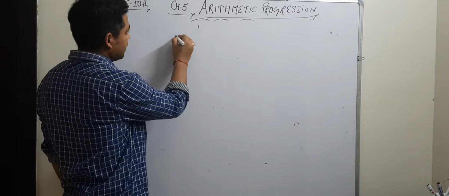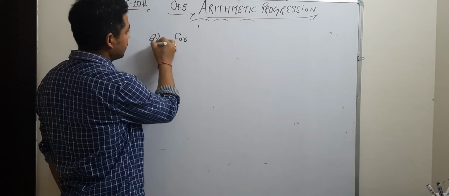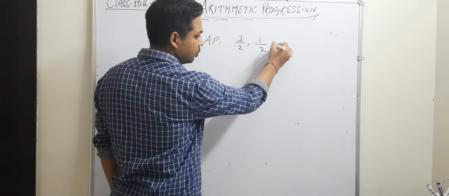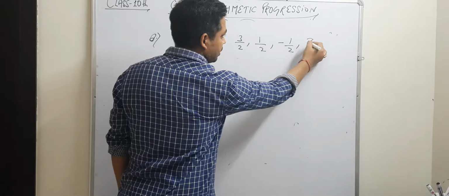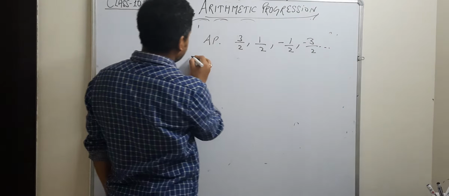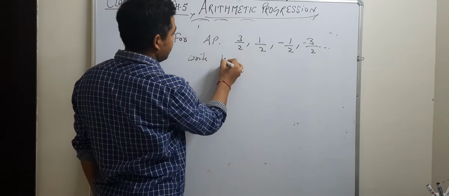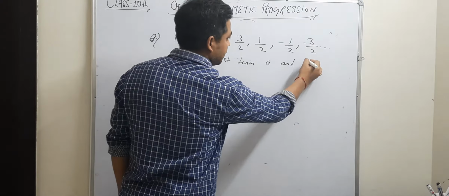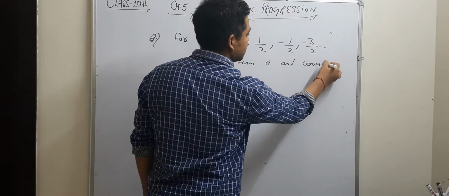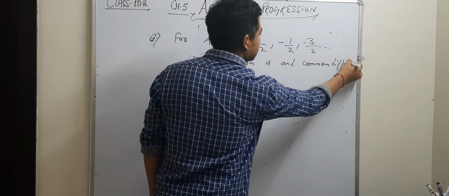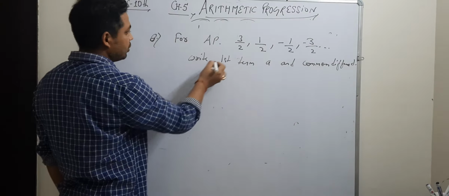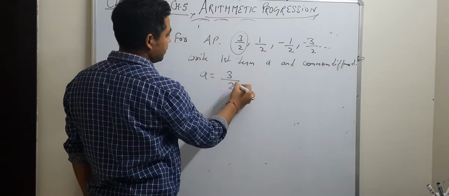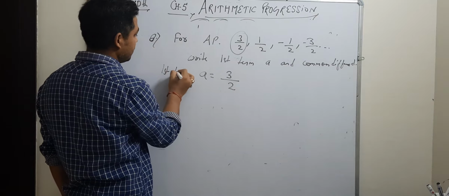Like the question is: for the AP 3 by 2, 1 by 2, minus 1 by 2, minus 3 by 2, write the first term A and the common difference B. So how will you calculate? We know that the first term is 3 by 2. So we can simply write that A equals 3 by 2, the first term.